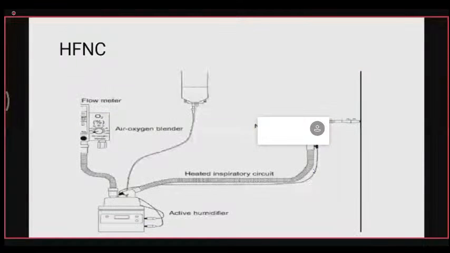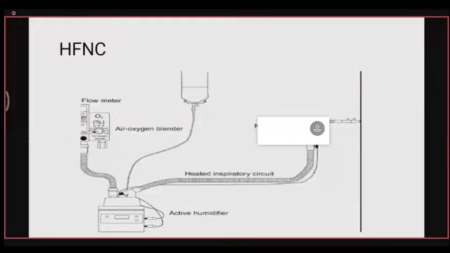But because oxygen is a scarce resource and HFNC uses a lot of oxygen, up to 40 to 50 liters per minute, there is a problem. If you don't have sufficient reserves, suppose you have a COVID care center with about 80 to 100 patients and about 30 intensive care beds, and 12 HFNC machines running at a time, your oxygen resources will get over very fast. That's the biggest disadvantage with HFNC.